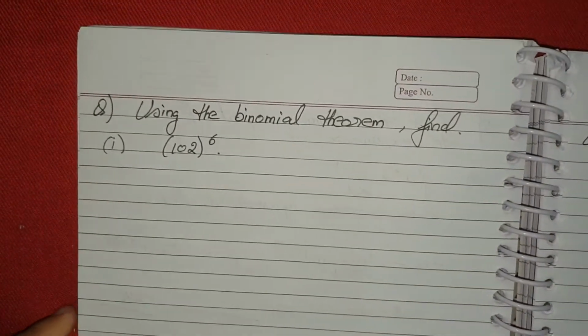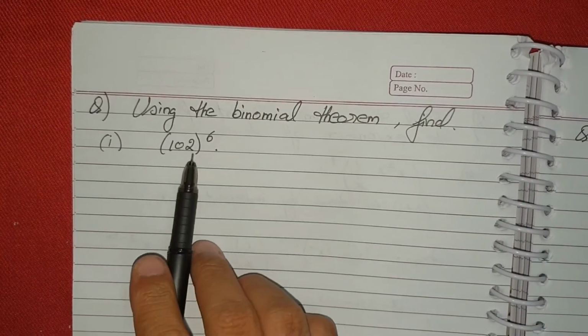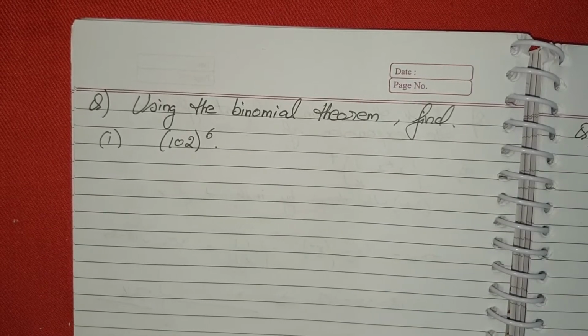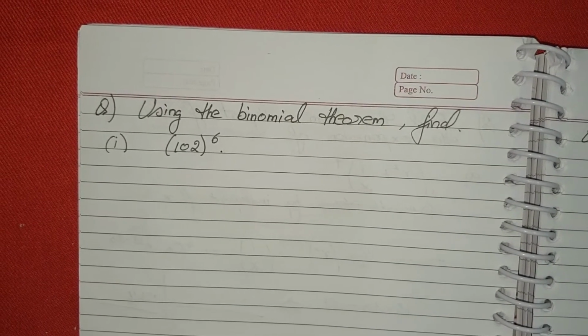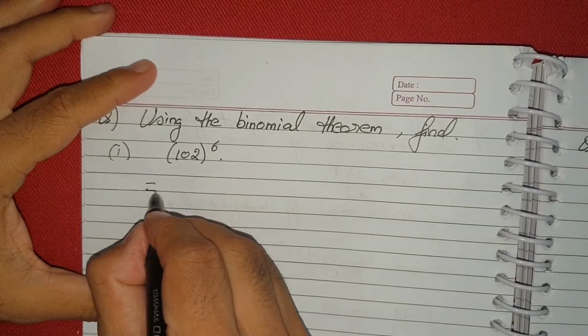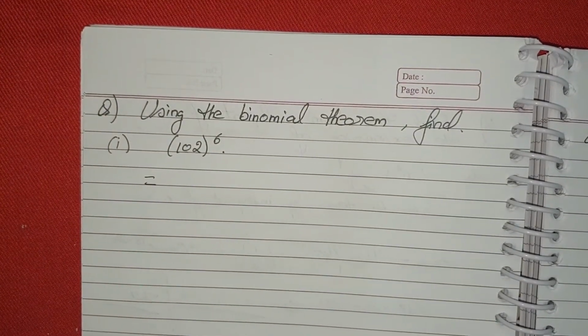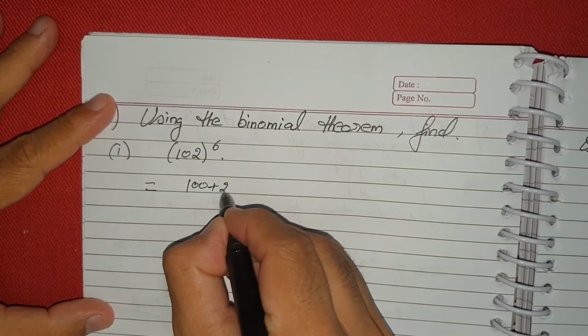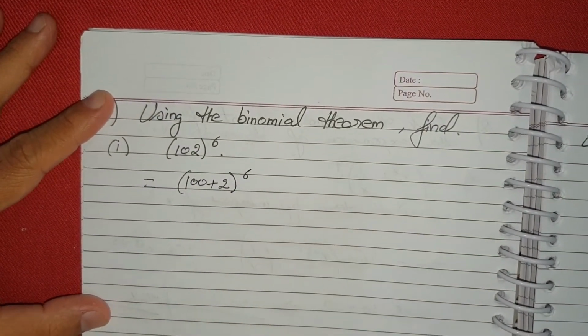Now, next example is we have to find the value of 102 to the power 6 by using the binomial theorem. So, see, 102 you can write as 100 plus 2, so (100 plus 2) to the power 6.